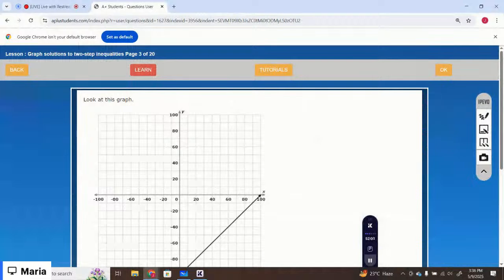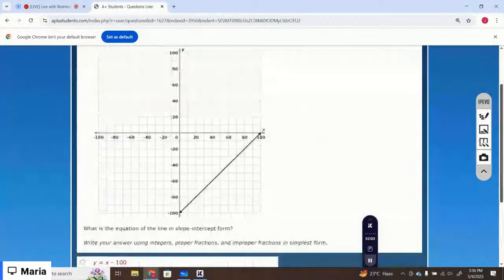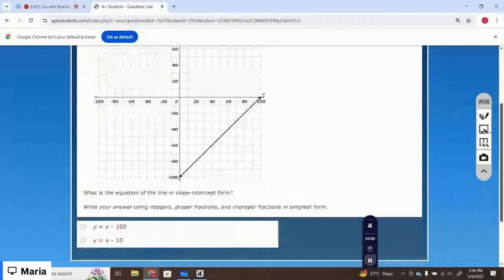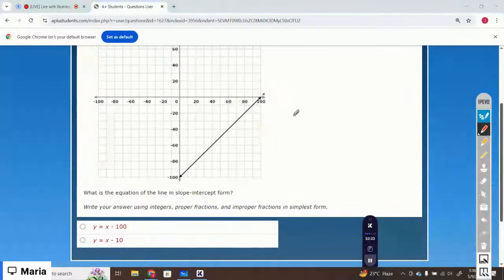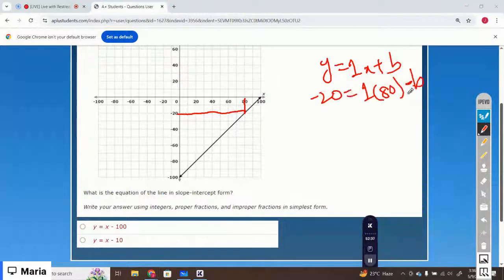Look at this graph. What is the equation of the line in slope intercept form? The slope is 1, right? So just use any of the point and calculate the value of b. That is y equals 1x plus b. Y is negative 20. X is 80. So b equals negative 100.